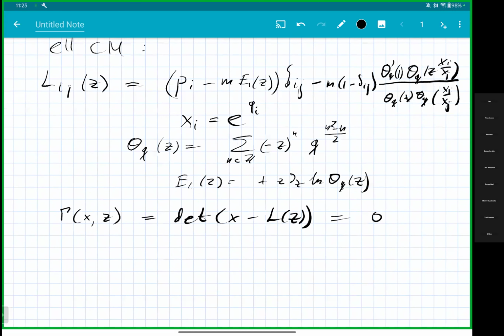The equation of this being equal to 0 will determine some sort of curve, which in this case is an n-sheeted cover of the elliptic curve, where the parameter z lives, with periods sigma and tau.